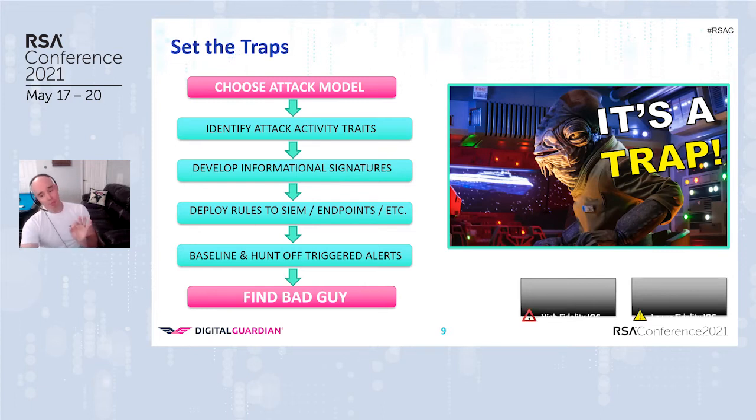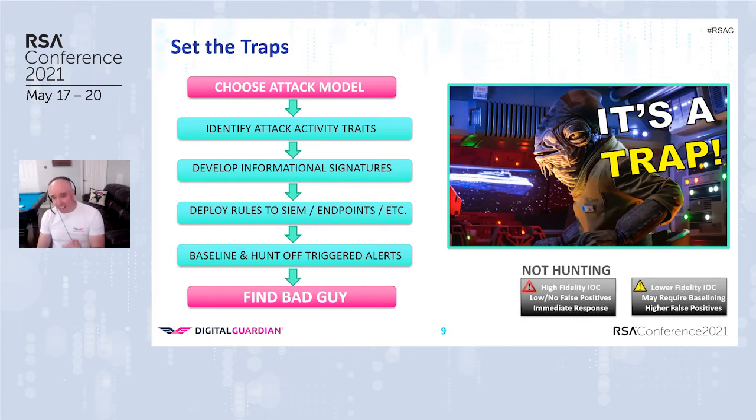And this is important too. Hunting is not high fidelity indicators. If you enter an IOC that is a high fidelity IOC, and this thing triggers, you've got to immediately respond. This is something where you get your level 1 guys on immediately. But hunting, from my perspective, is something a little bit lower fidelity. It's seeking out unknown things that you aren't aware of in your environment.